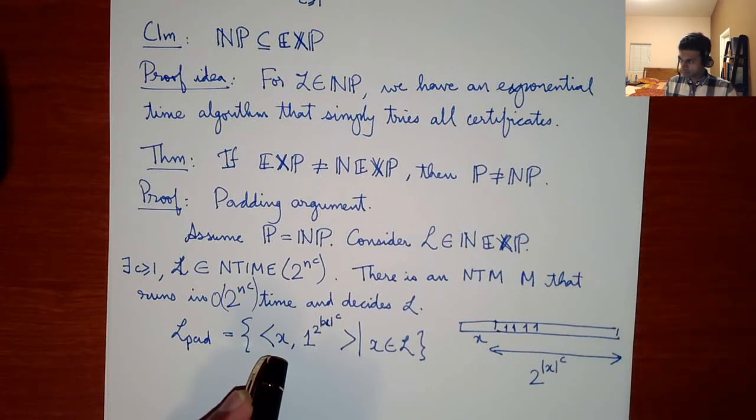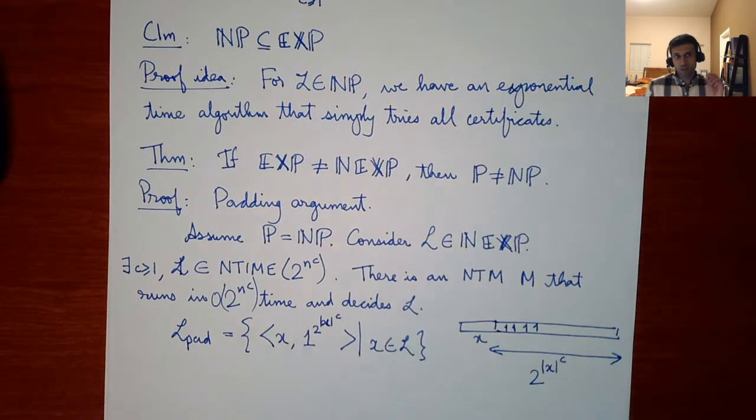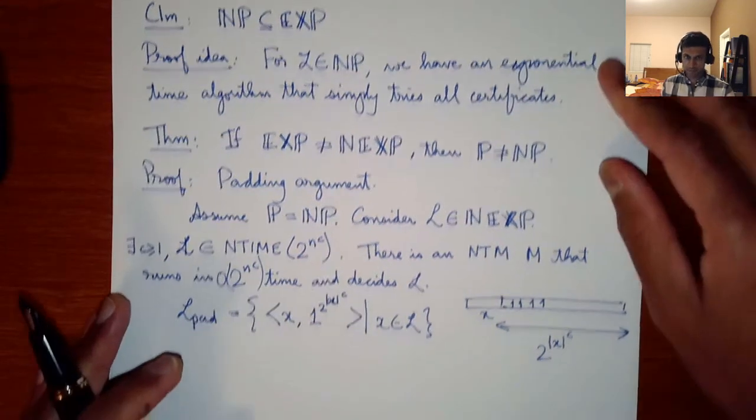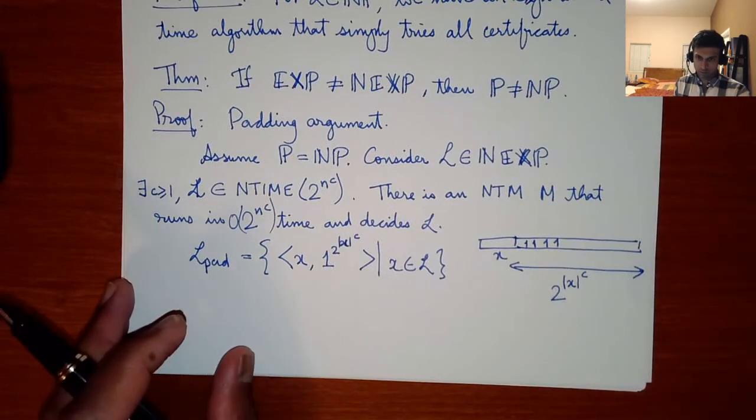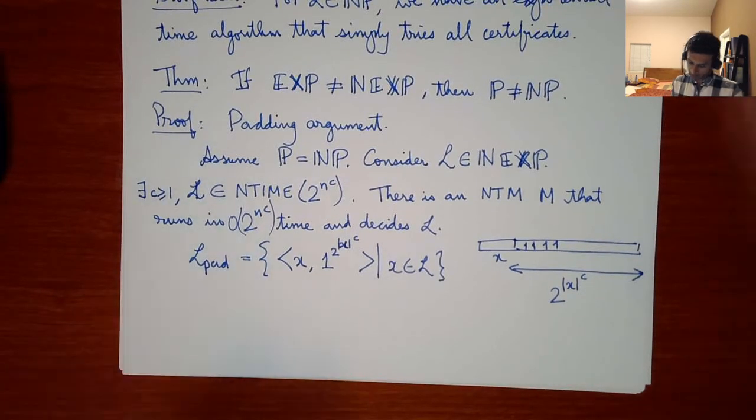Okay? What is the running time of that procedure? Okay, so I'm going to write this down now. I want you to think about that. So I'm going to define a new machine now, and that machine is going to decide LPAD.